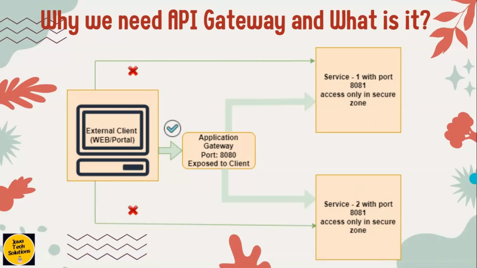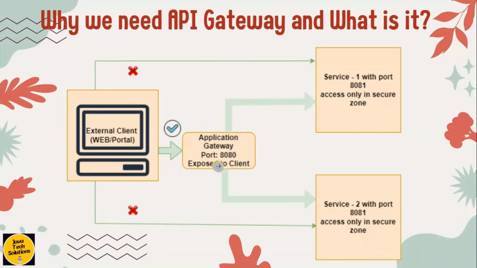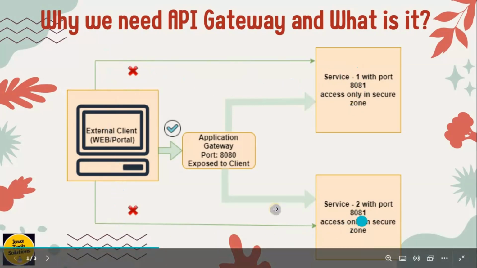Now the API gateway acts as a single entry point for whatever microservices sit behind it. Any external client cannot access the microservices directly. This particular client is not able to access service one directly, and service two also not.